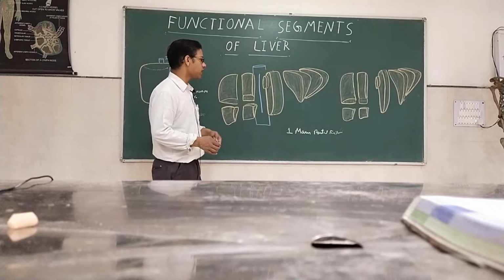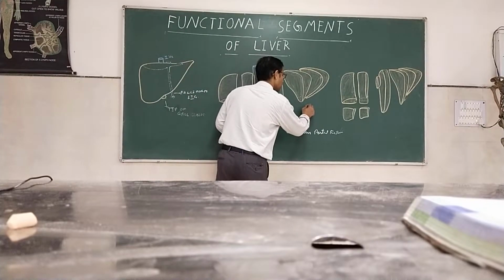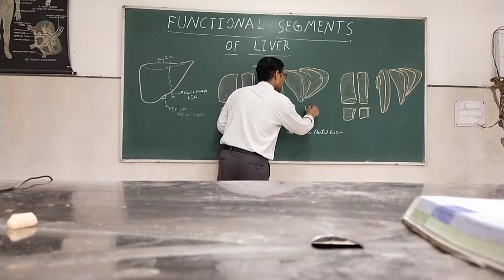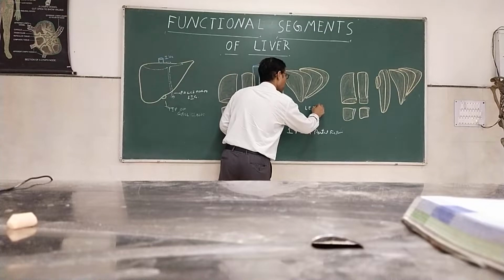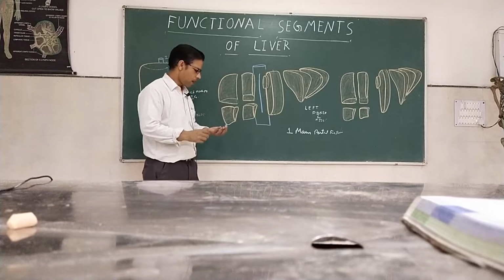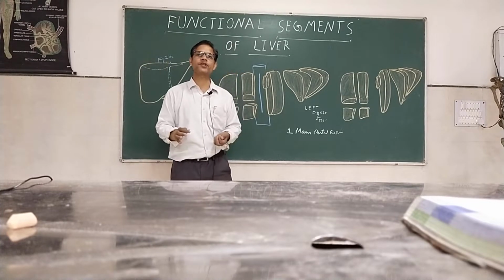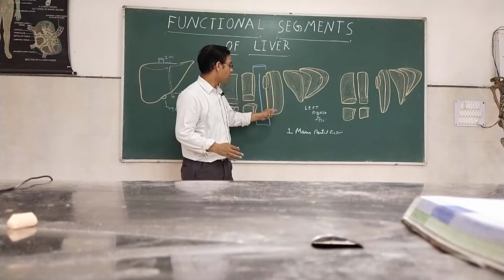When we talk about the second one, there is the left portal fissure, and this is a fissure which starts from the falciform ligament.